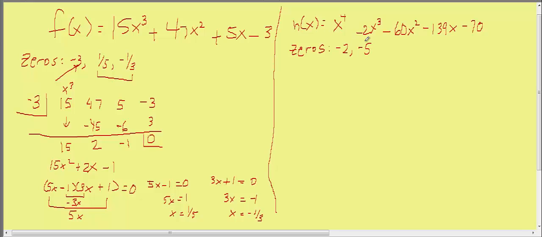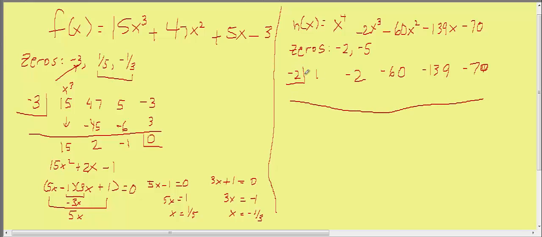So the way that I break this down is, if I have x to the 4th, I need to break it down twice. To break it down twice, I'm going to start with either one. I'll just pick -2. I'm going to put in my coefficients and do the synthetic division.